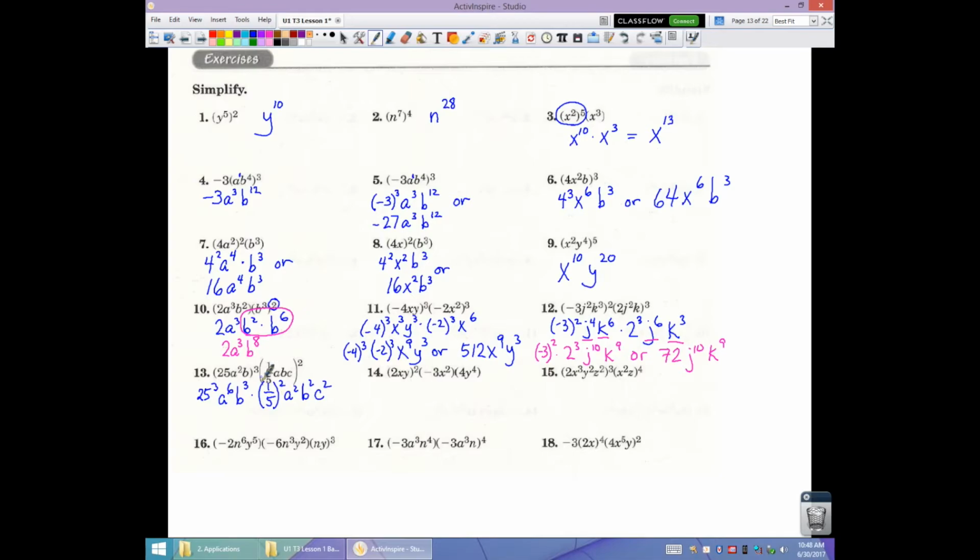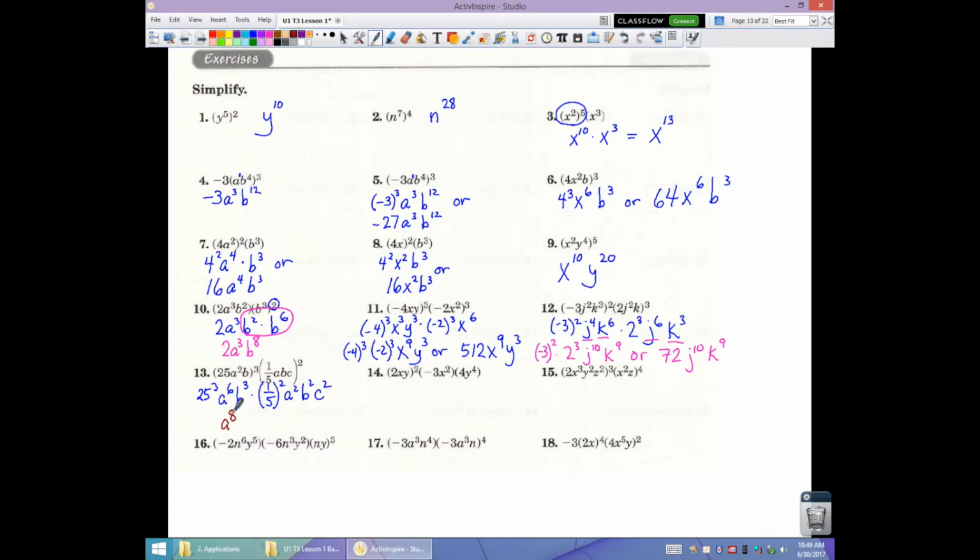Now notice I had to include that 1/5 in parentheses, much like I had to do with negative bases in number 11 and 12, because putting it in parentheses indicates that that exponent is applied to both the top, the numerator, and the denominator.